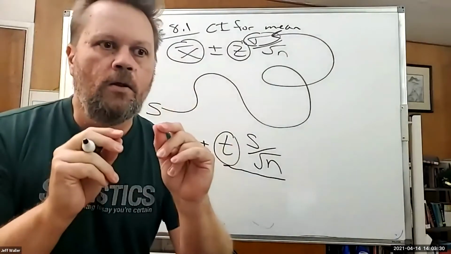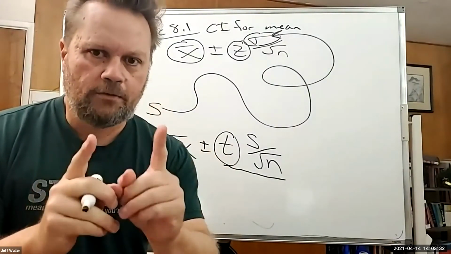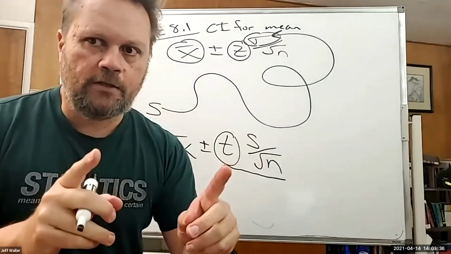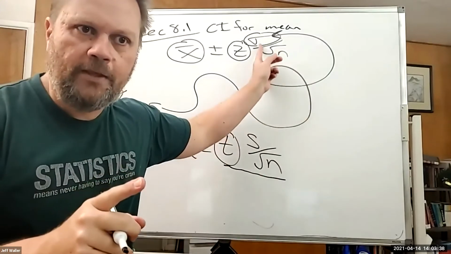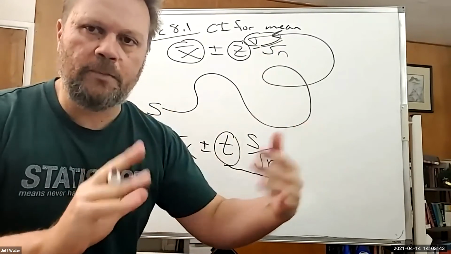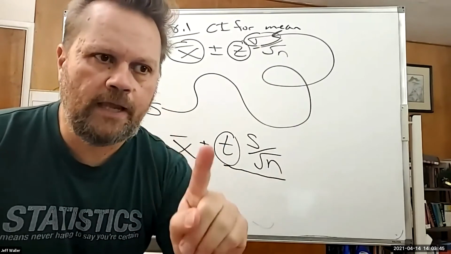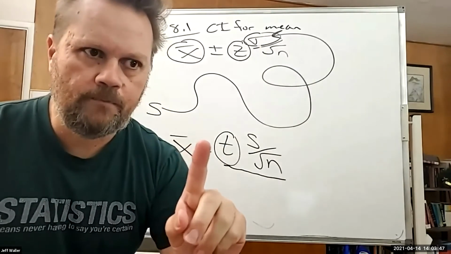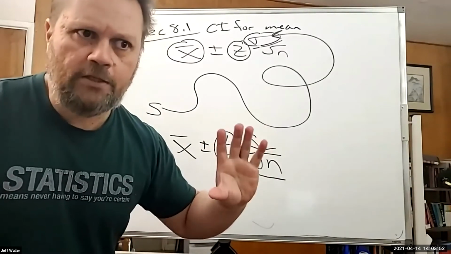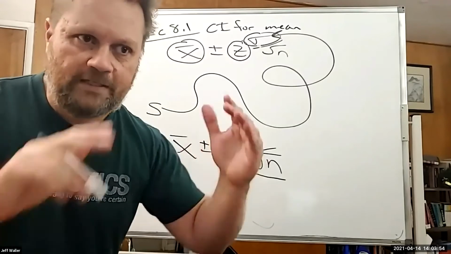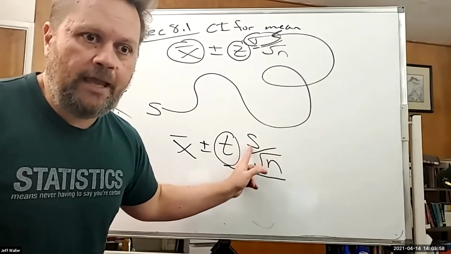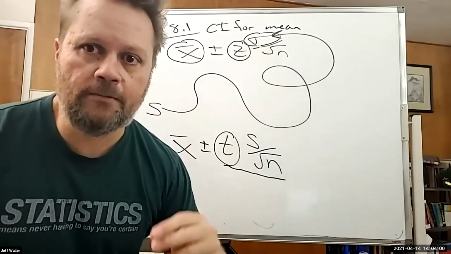Stay with me. We just agreed earlier that if I get a sample standard deviation, I'm almost certain it's not going to equal sigma, correct? And that's why we need this to make my interval bigger. The larger the sample I take, how does my confidence in S change? If I take a bigger and bigger sample, how certain am I about how good S approximates sigma? Does it get better or worse?